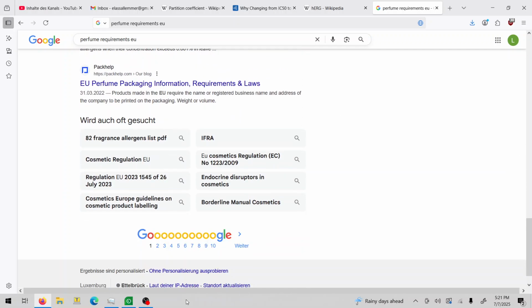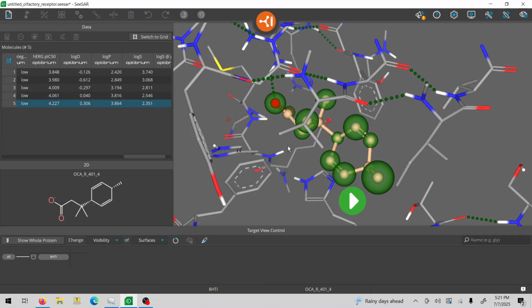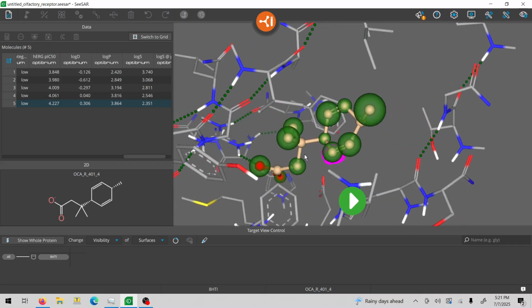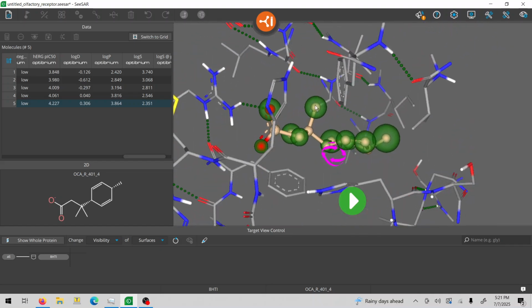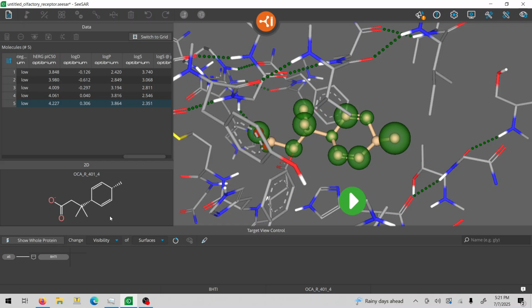I mean, it's not proven that it has this effect on hERG, but as you can see, it's all green. It's all green lit. And you can synthesize it quite easily.